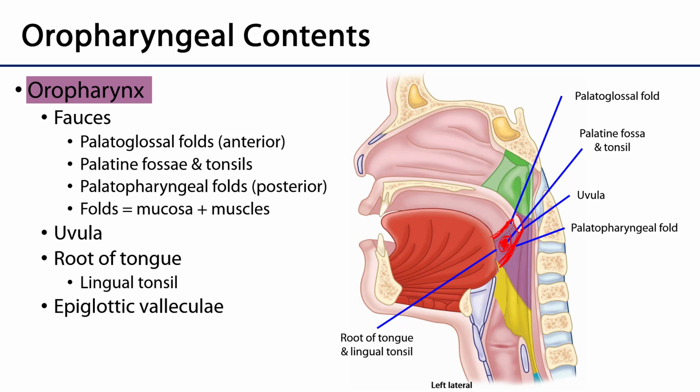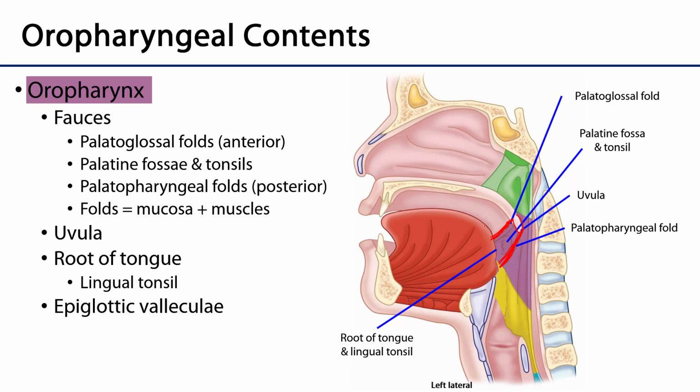When people say that they've had their tonsils removed, very frequently they're referring to these palatine tonsils. You may or may not see lymphoid tissue in a cadaveric photograph, but if it is present, it would be there within the fauces here.